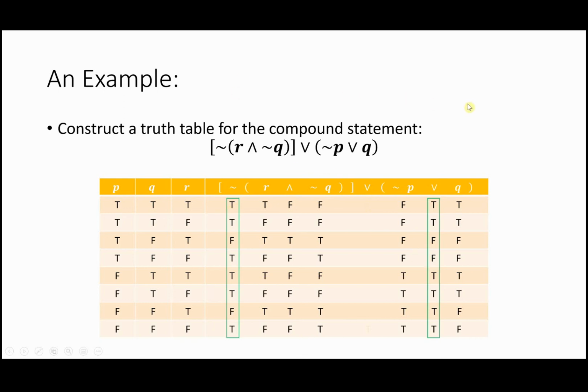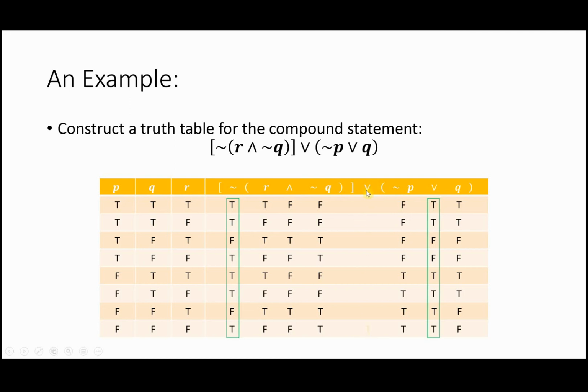I highly recommend that when you're going through really complex compound statements with a lot of steps, that you highlight, maybe lightly or using different colors, which columns you're trying to disjoin to figure out the final answer truth value combination.